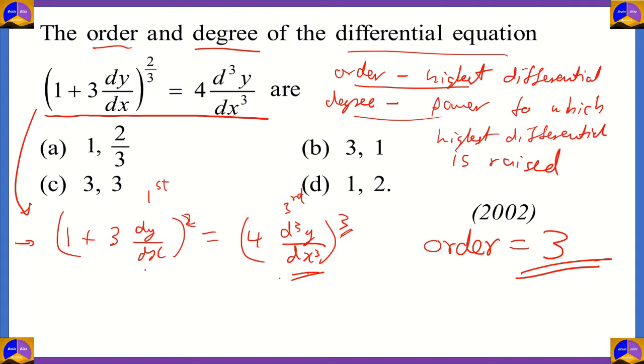So as you can see, the highest differential here is now raised to a power of 3. So therefore the degree of this differential equation has to be equal to 3. So therefore, the correct option in this question is option C, 3, 3.